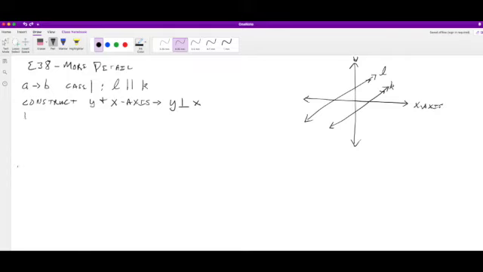And then I'm going to come through and make some labelings here. So angle 1, angle 2, angle 3, angle 4, angle 5, angle 6, and these are more global labelings for the entire proof.